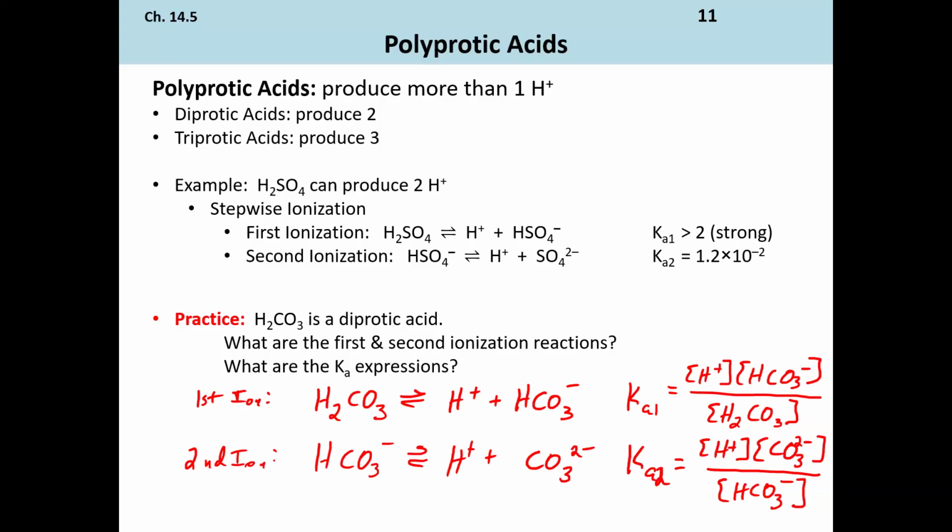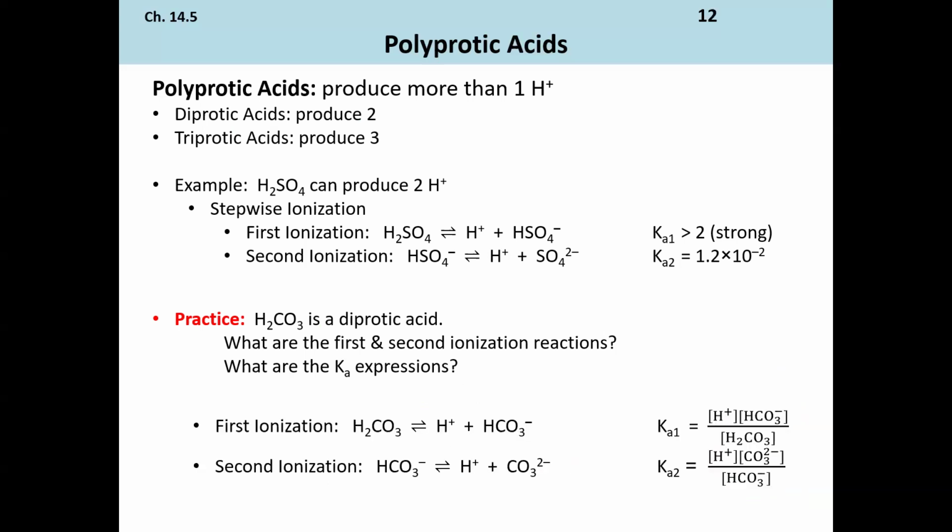So if you're an acid and only have 2 hydrogens, you could only be diprotic. You can't be triprotic. Now, just because you have 2 hydrogens doesn't mean you're diprotic. You may only lose 1, but the maximum you could be is diprotic.